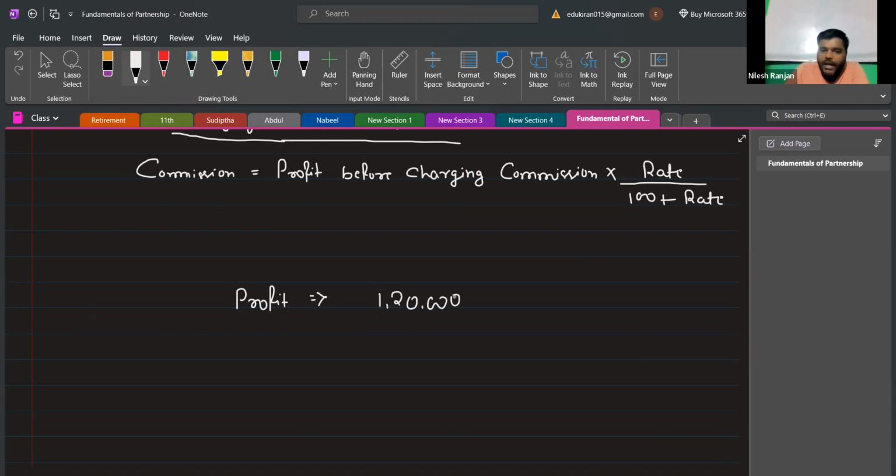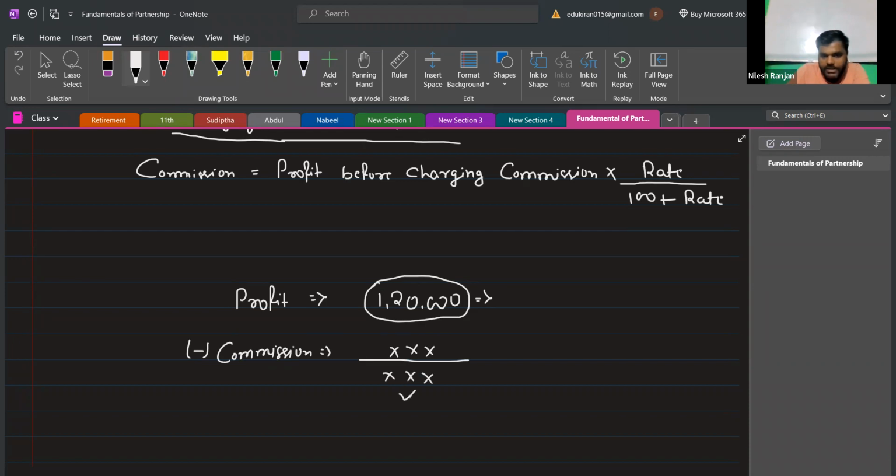Okay, and if the question is saying that you have to calculate commission on profit before charging commission, then you will calculate commission on this amount. But if it is saying that you have to calculate commission on profit after charging such commission, then first you have to deduct commission, because we need profit after charging commission. Whatever the amount of commission, we need to deduct it first, and then this final amount will be used for calculation of commission.